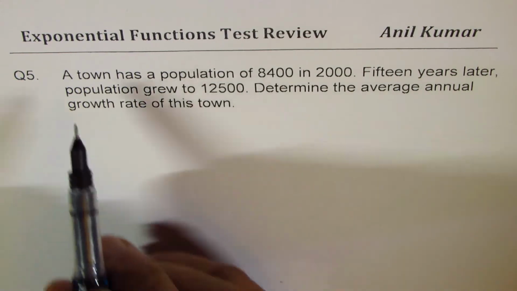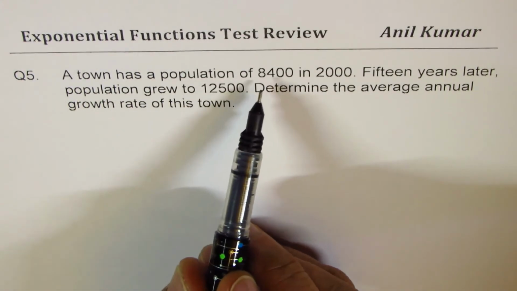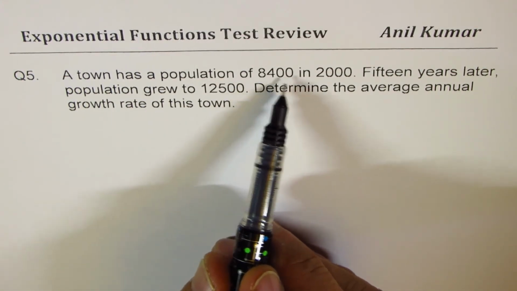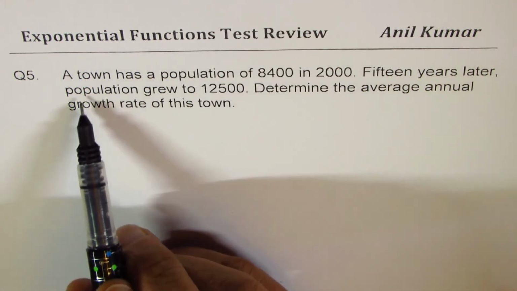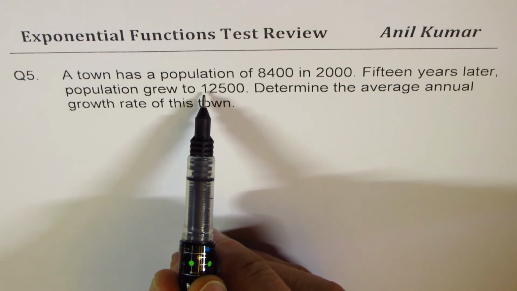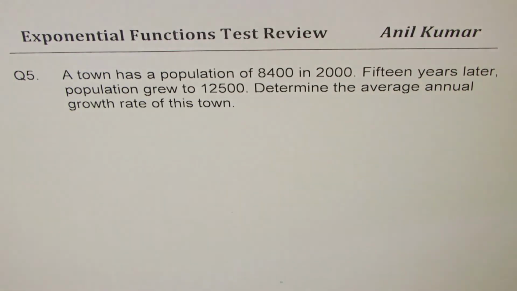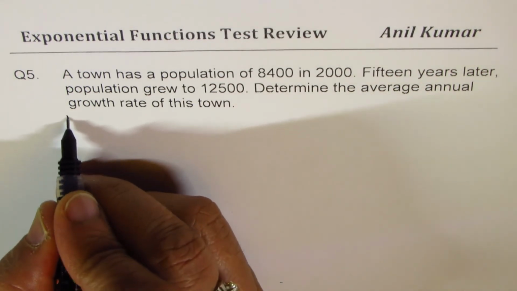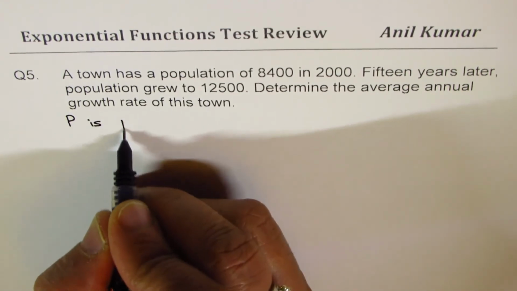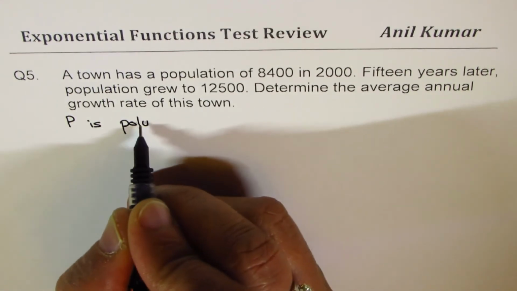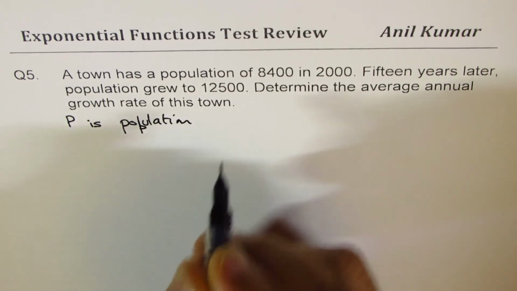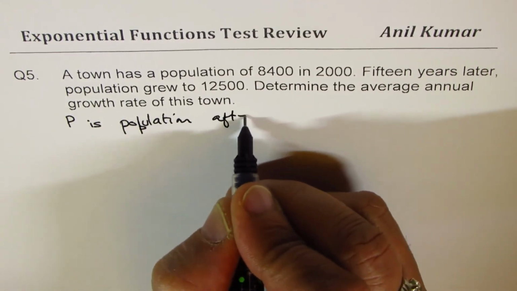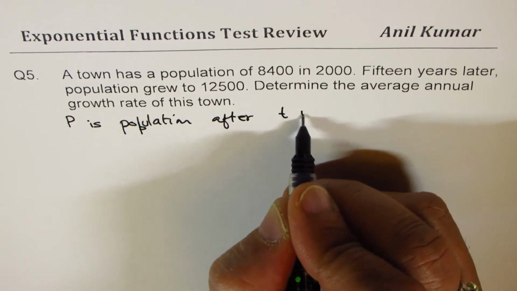Perfect. What we know here is an initial population of 8,400 in 2000, and after 15 years, the population grows to 12,500. So let us say P is the population after t years.